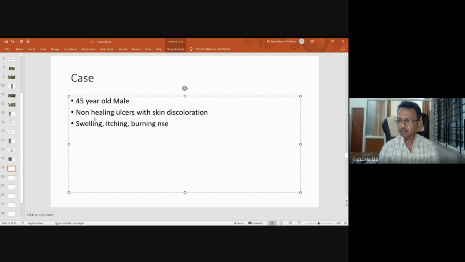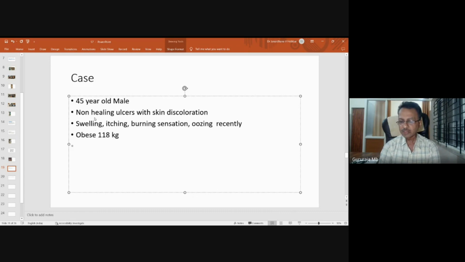He is not a known diabetic or hypertensive, but he is a severely obese person. He weighed 118 kilos when he came to me 1 month back.